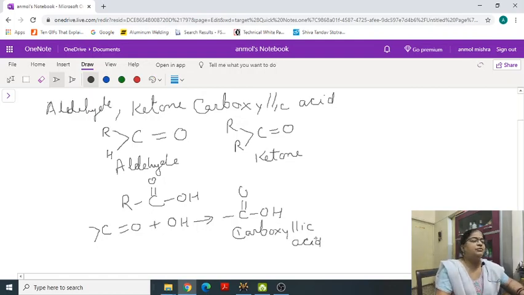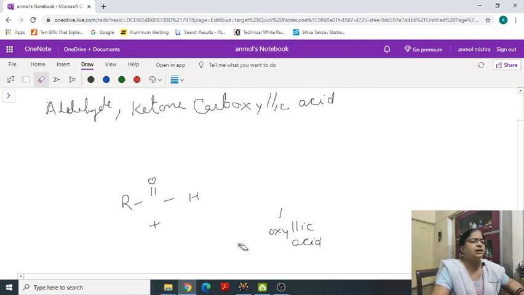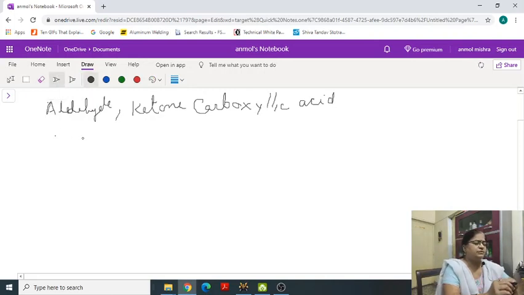In this chapter, we also have to study the derivatives of carboxylic acid. Now there are 4 derivatives of carboxylic acid: acid chloride, acid anhydride, ester and amides.